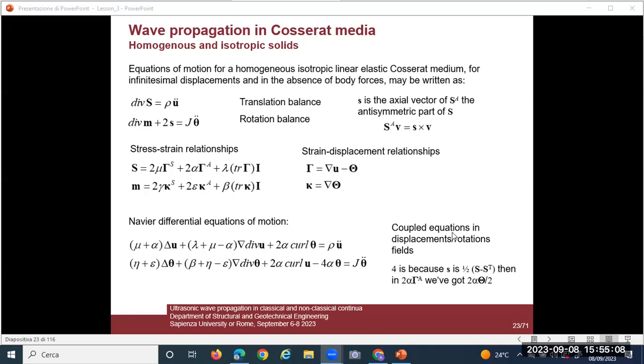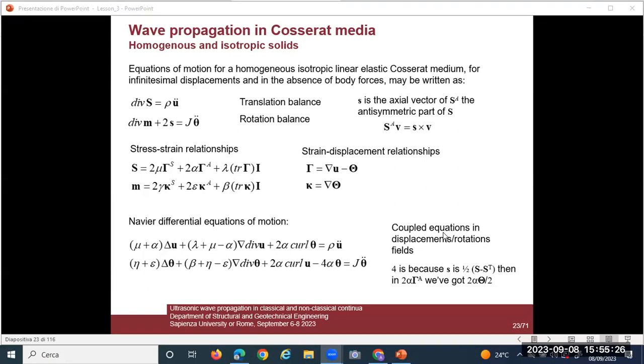Okay, so I have considered here the case of an isotropic linear elastic Cosserat medium, again, to make things simple.